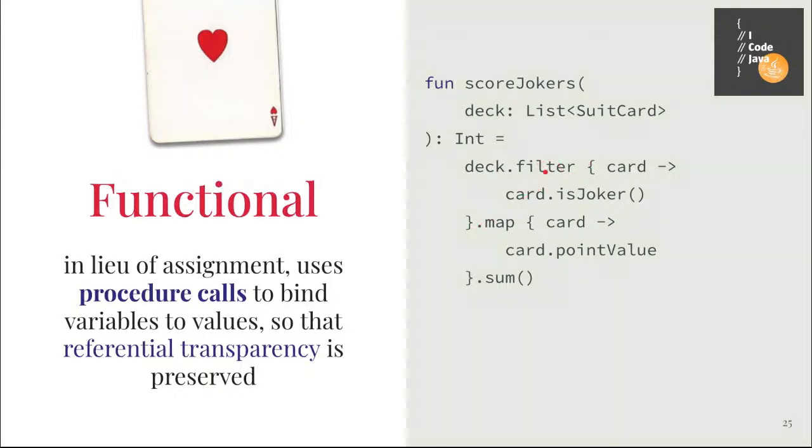This filter function returns this list again. I can map over this list, pass in another function, and then I can do the last value over here. And here, this function returns a single value, which this function will return. So I could go something like A equals score jokers, where you can see it's a value that I'm assigning, and I'm swapping in a function instead of another value.